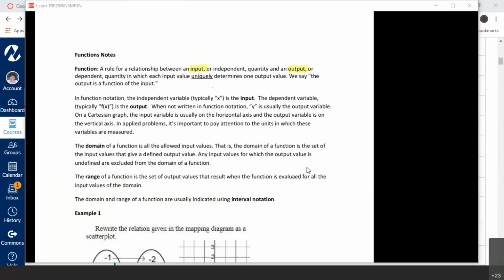And one thing that we're going to have to really focus on when we're doing applied problems is what are the units that those variables are measured in? Particularly since most of the time we're going to be talking about how quickly things are changing. Most of our units will probably be rate units.